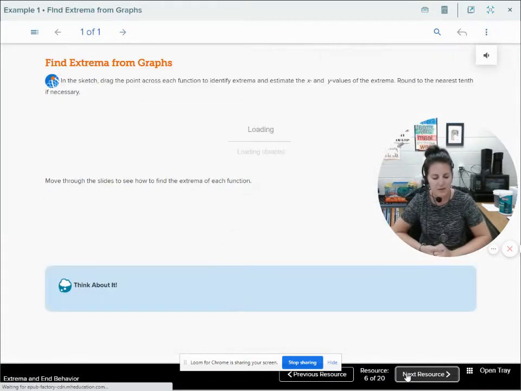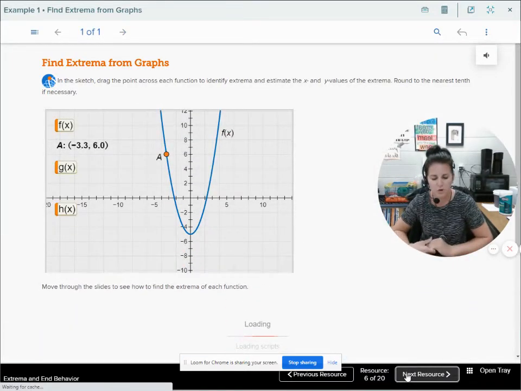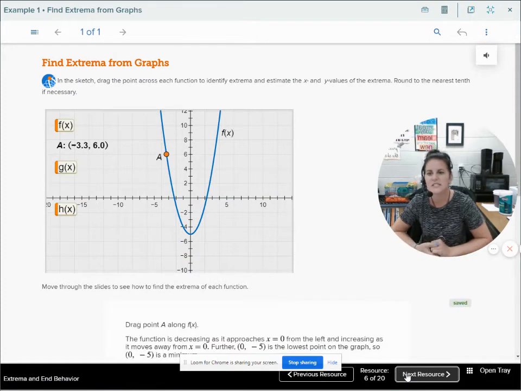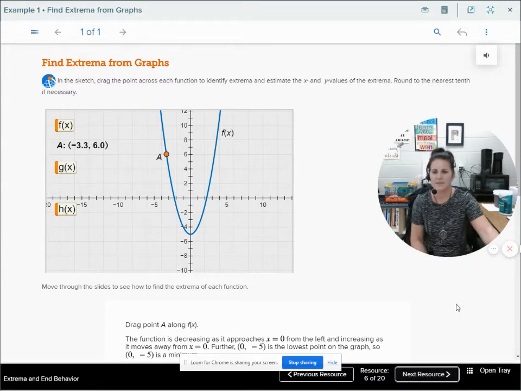So at the bottom of page 23 in your workbook, we're going to work through these examples. It says, in the sketch, drag the point across the function to identify extrema and estimate the x and y values of the extrema. Round to the nearest tenth. So we can see that this down here is going to be an extrema.